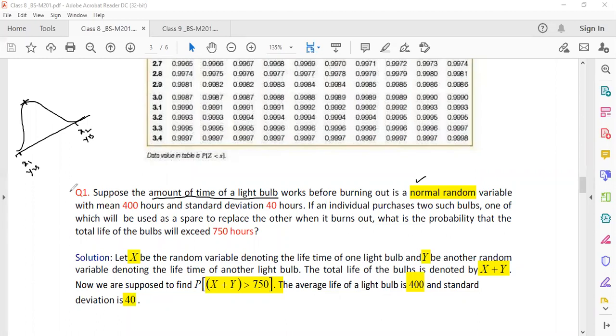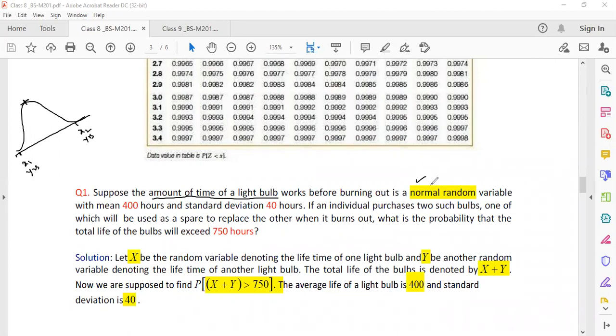So they have given you this information from their experiences taken from different sources, and they have shown that in most situations light bulbs behave like this. The longevity of the light bulb, or the amount of time a light bulb works, is actually a normal random variable.